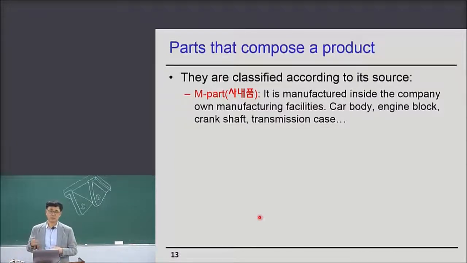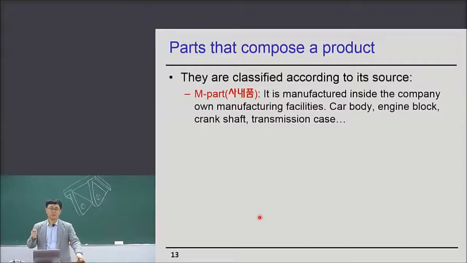If you ask an outside company, then sometimes you may lose control of production. For example, if you are a designer at Hyundai Motor Company, then the car body, engine block, crankshaft, and transmission case are very important parts. The car body is the main part of the automobile.